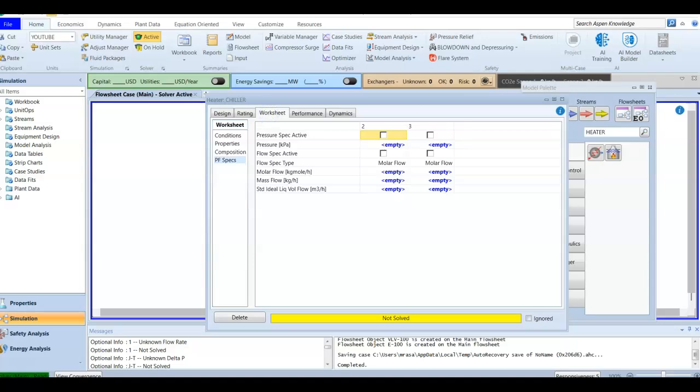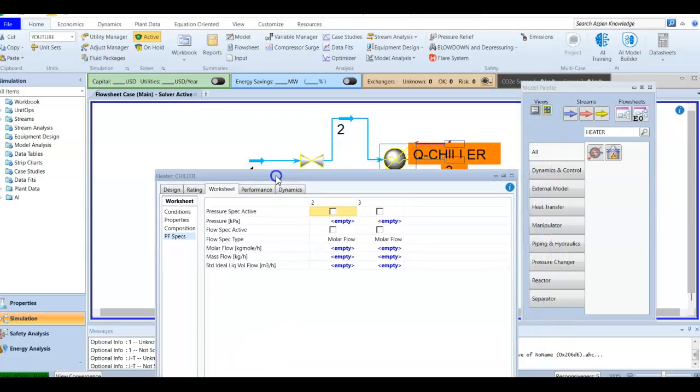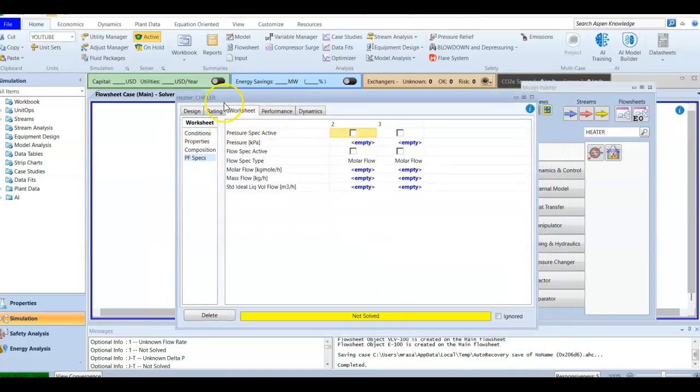Okay, so after adding our chiller, we can go over and check what information we have. This is a chiller, so we are increasing the temperature of propane.